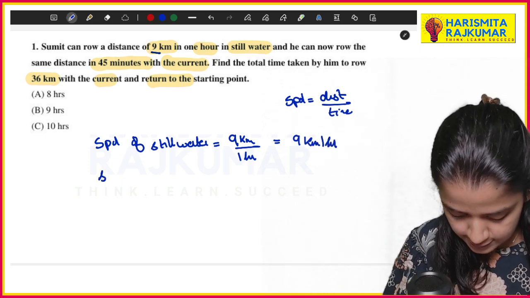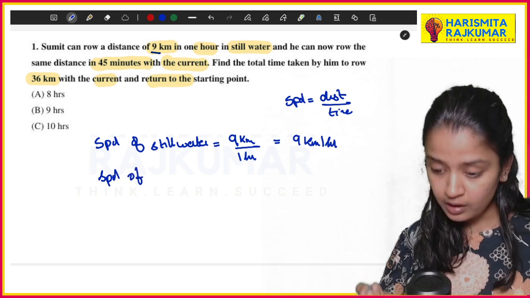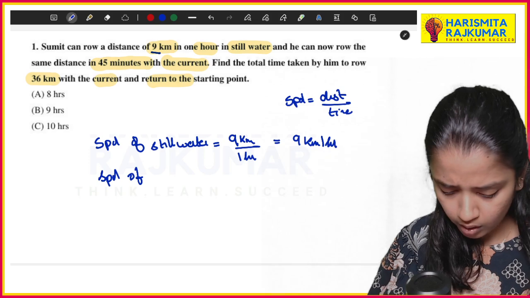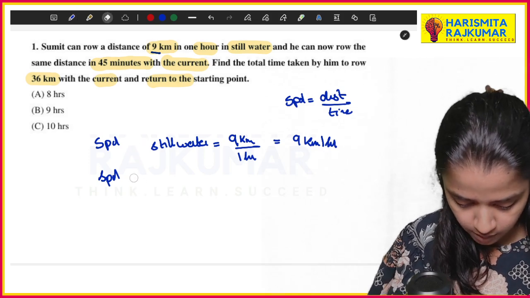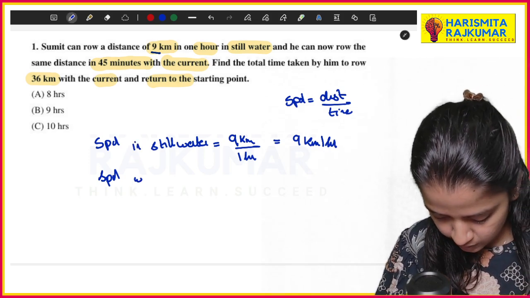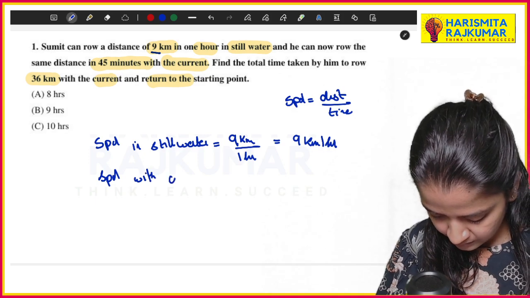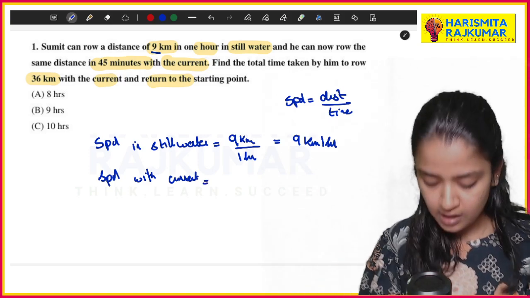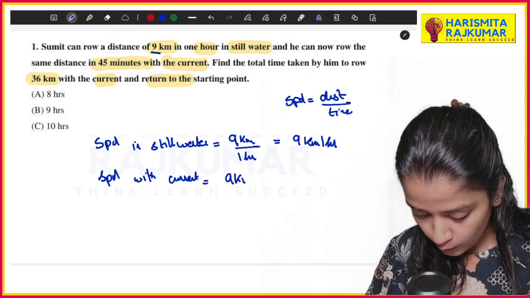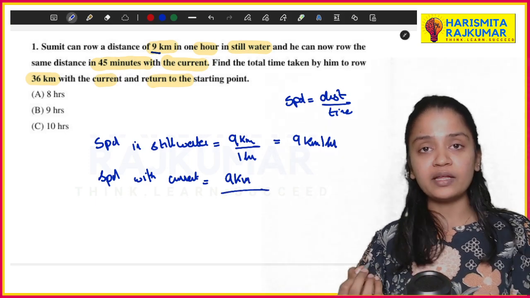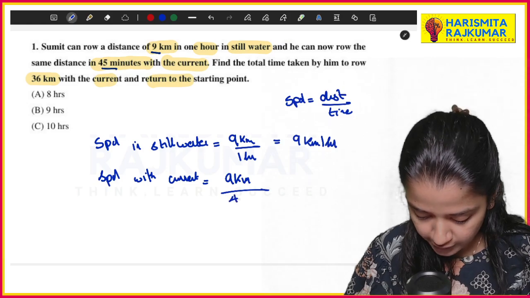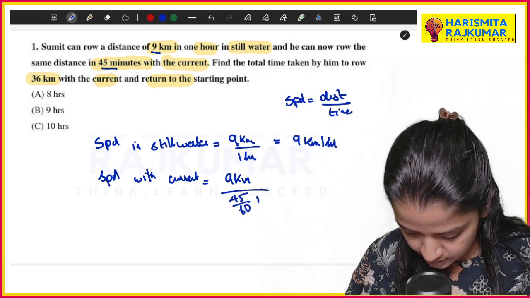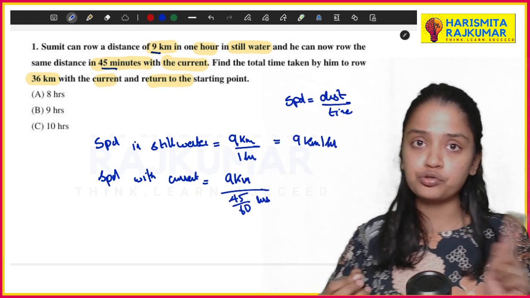Now next is speed with current. Same 9 kilometer but in 45 minutes. Now I'm changing 45 minutes to hours, so I'm dividing it by 60. 45 by 60 hours, because I'm converting 45 minutes to hours.